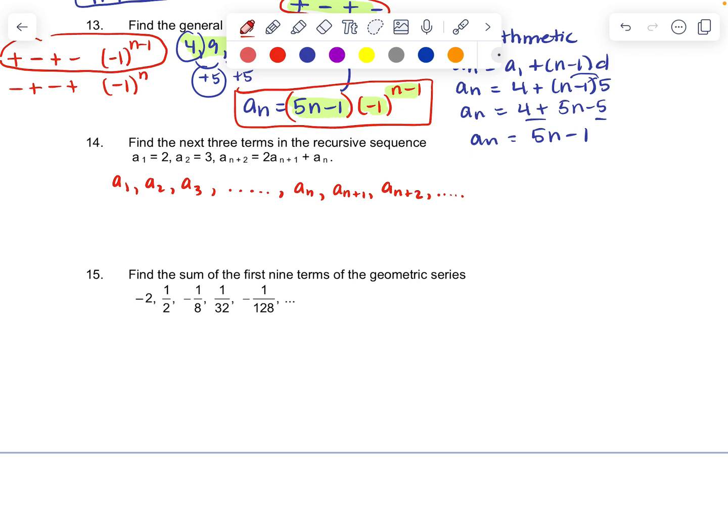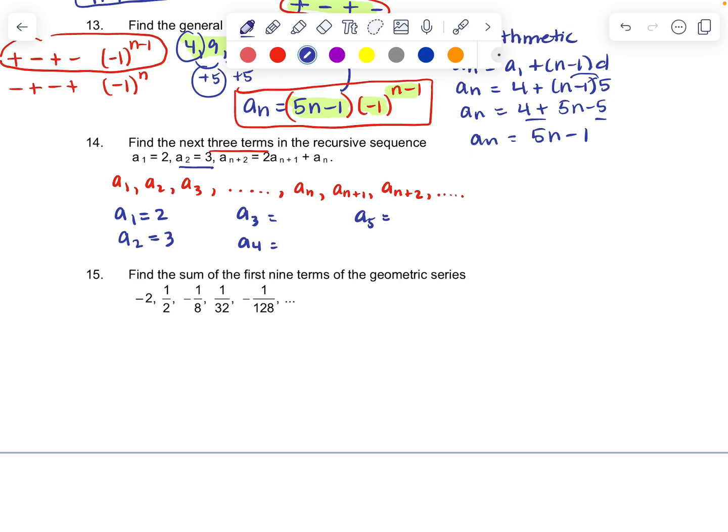So it says find the next 3 terms. So let's write down what terms they already gave us. They told us that the first term is 2. They told us that the second term is 3. Okay, and I just need to find the next 3 terms. So I need to find a sub 3, a sub 4, and a sub 5 using the little formula they gave me, right?